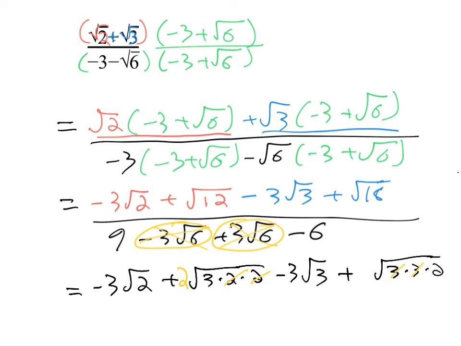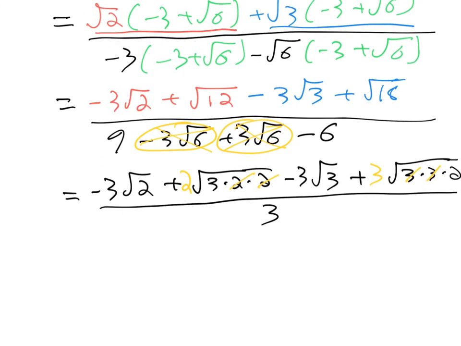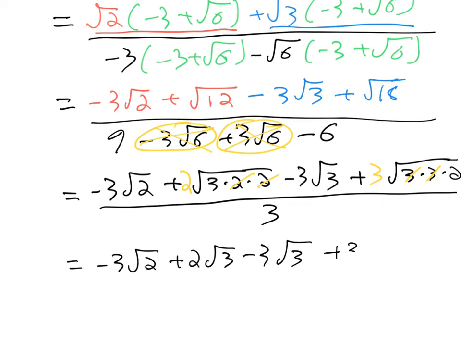And we have the pair of 3's, so that will be equal to 3 root of 2. Divided by 9 minus 6. So this is just divided by 3. So, negative 3 root 2 plus 2 root 3 minus 3 root 3 plus 3 root 2, all divided by 3.